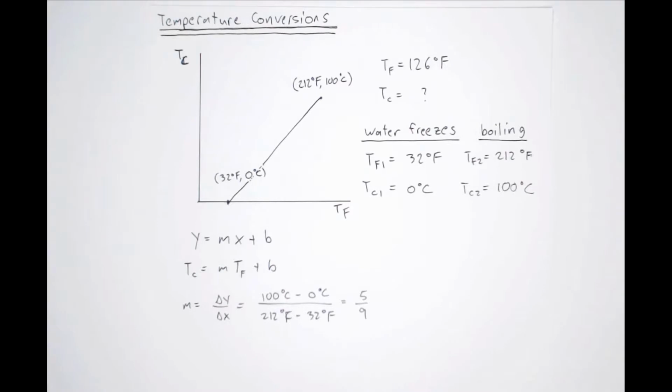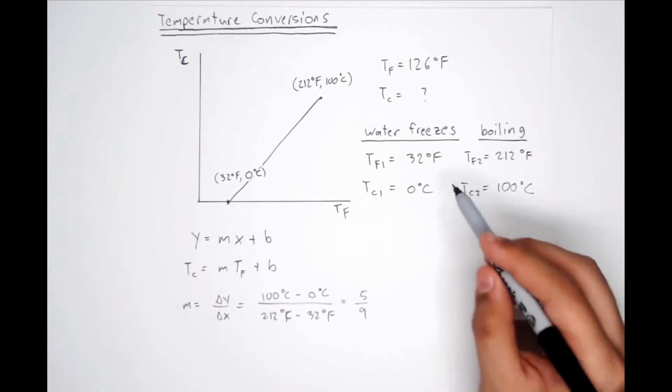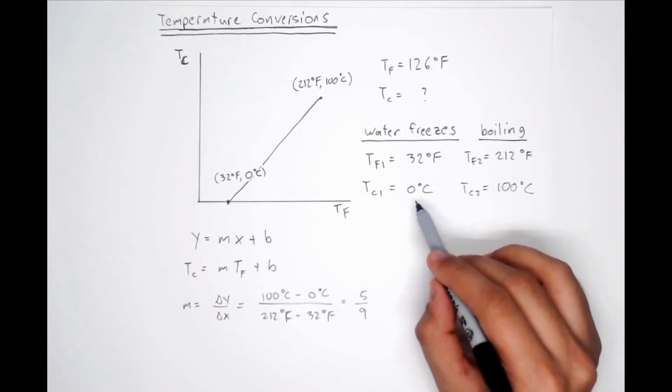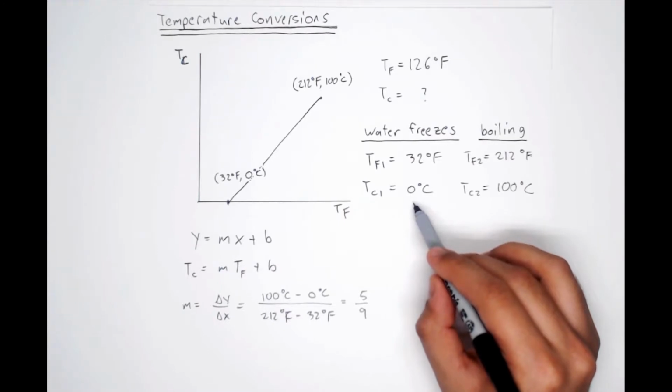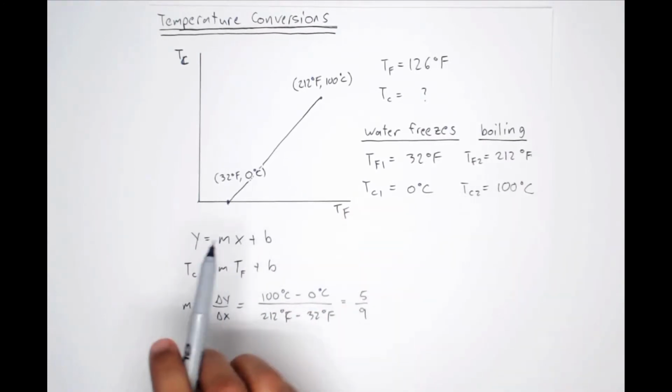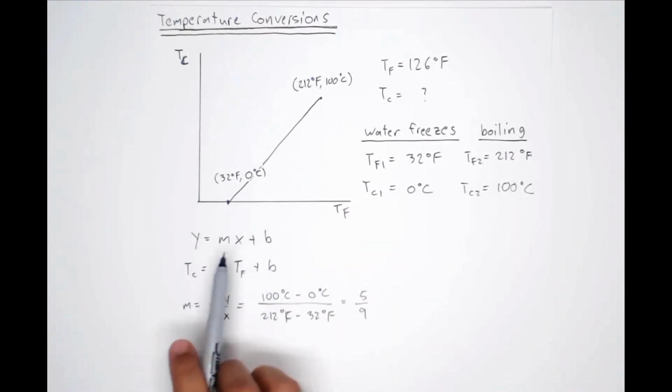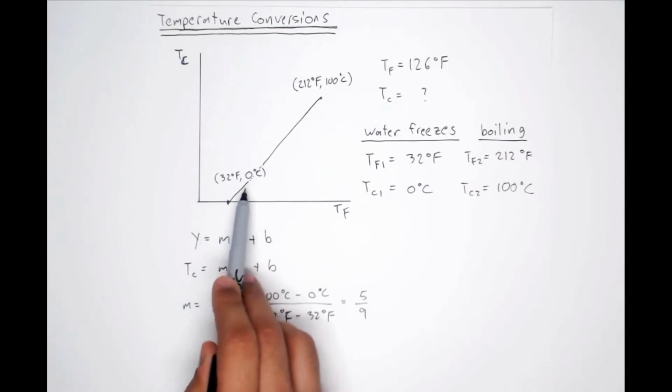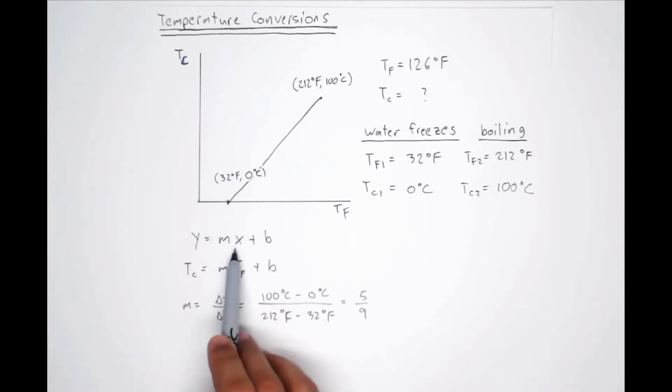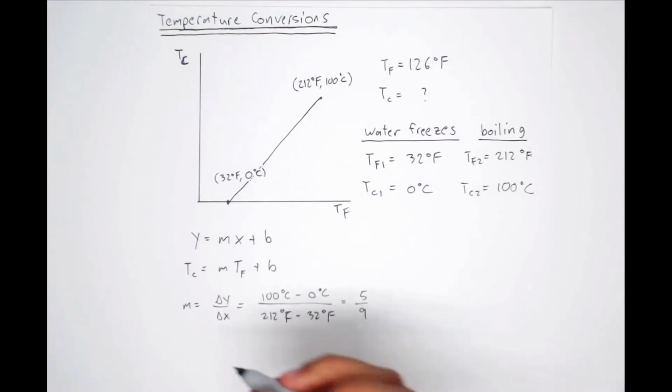Okay, so we have m, our slope of this line. We can then go back and find b. Now, one way to find b is by using a point in which x or y happens to be 0. And so we have this one here, the freezing temperature, where the Celsius, the y value, goes to 0. So if we go back to y equals mx plus b and put in y is 0 and x is 32, then we can solve for b easily.